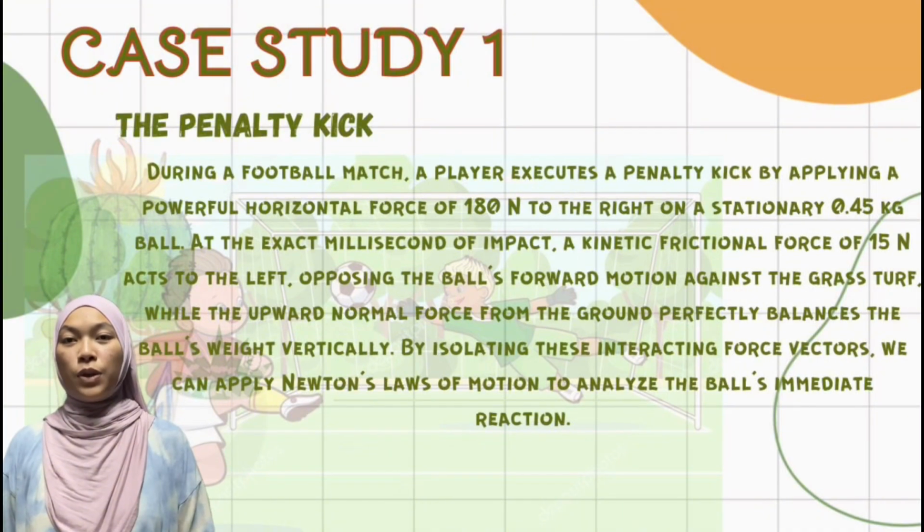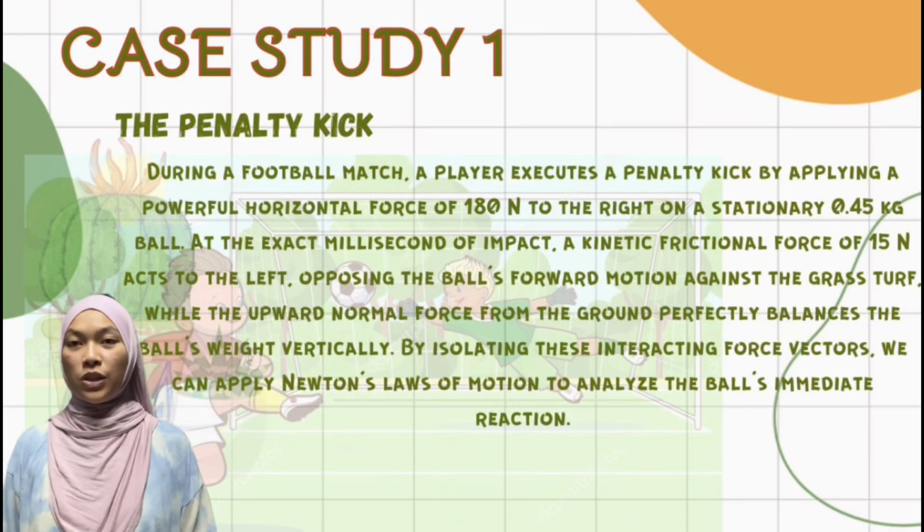While the upward normal force from the ground perfectly balances the ball's weight vertically. By isolating these interacting force vectors, we can apply Newton's laws of motion to analyze the ball's immediate reaction.